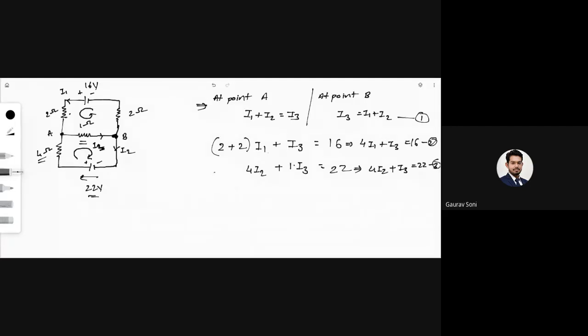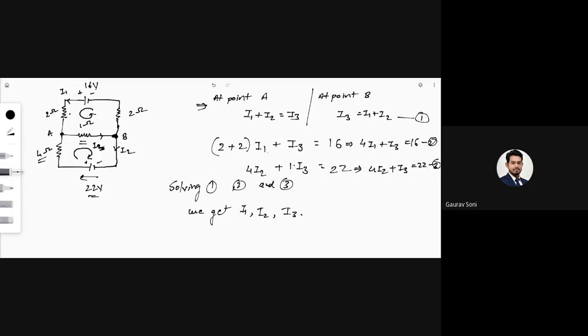So solving 1, 2 and 3, we get I1, I2, I3. Okay, that is one of the applications of the system of linear equations to electrical circuits.